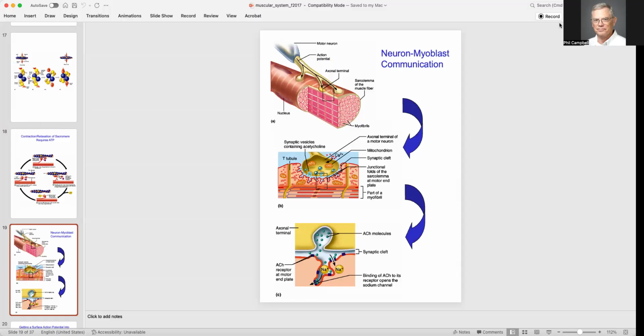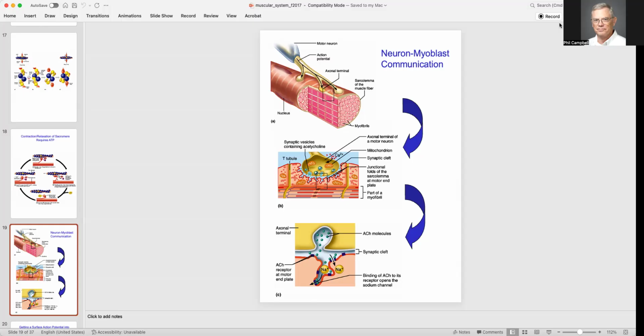So we have an action potential coming down the axon of that presynaptic neuron. When we get to the terminal bud, we transition from voltage-gated channels for sodium to voltage-gated channels for calcium.